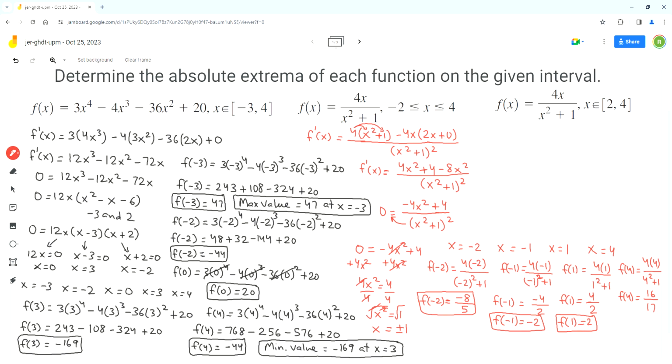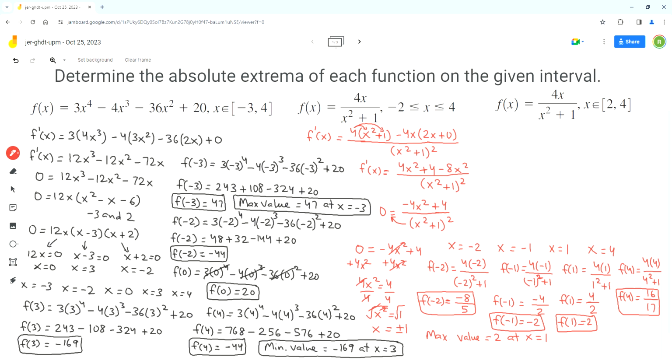So in this case, the absolute maximum value is equal to 2 and it occurs at x equals 1. So maximum is equal to 2 at x equals 1.